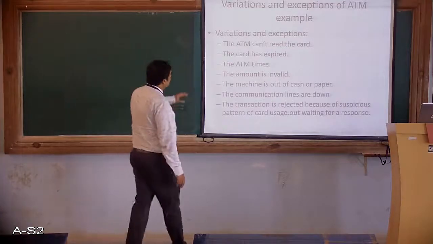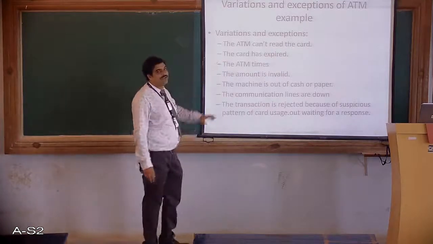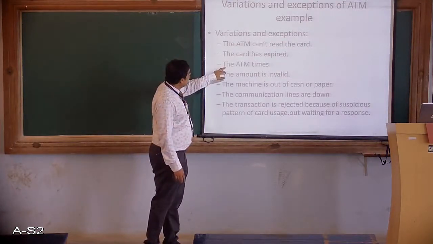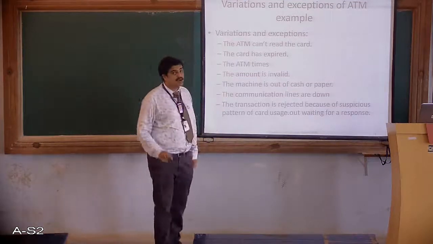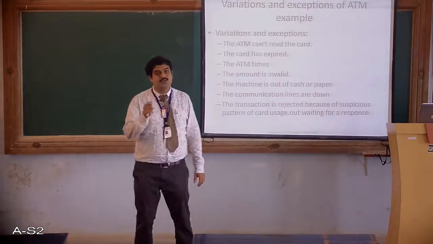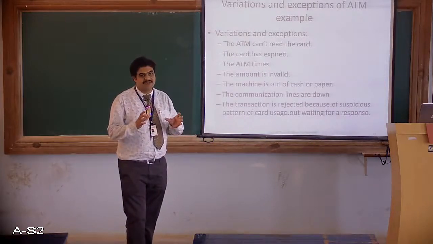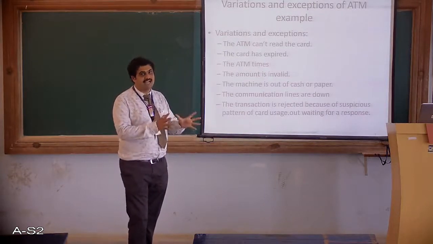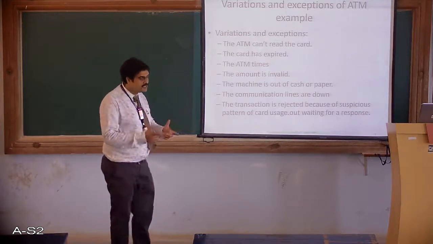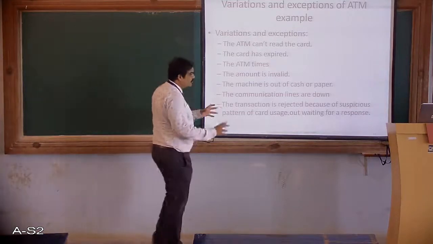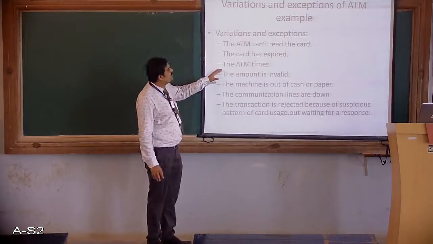That is also one of the exception errors. Then the number of times the user can attempt to use the ATM. For example, some banks will set 3 times, some banks 5 times. Based on that, they will block the ATM. That also needs to be considered.